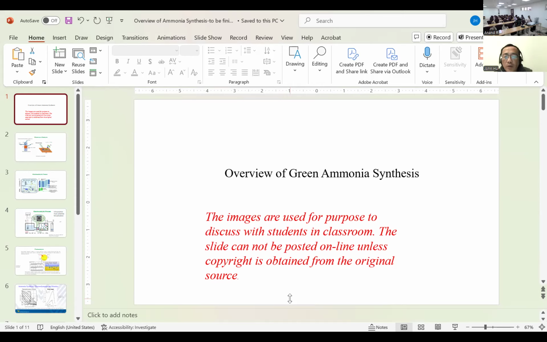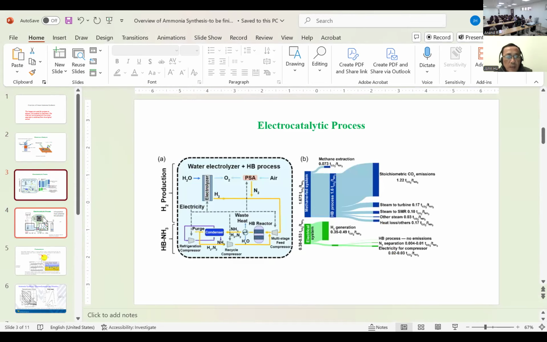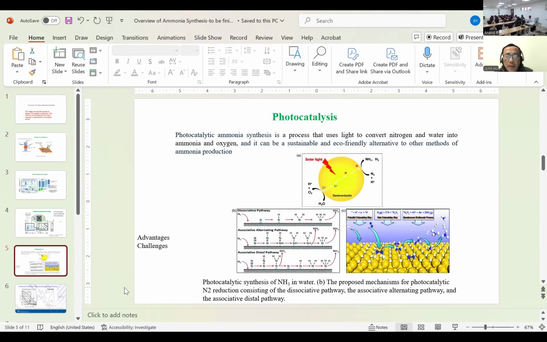How many methods do we have for producing green ammonia? Yesterday we went through microwave, we went through electrocatalytic, and then we talked about hydrogen evolution overpotential, and the advantages and also disadvantages of the electrochemical process.